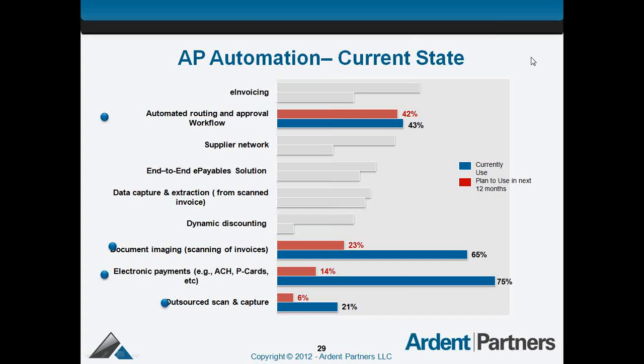What's very interesting is that 75% show current usage of electronic payments, and we're talking here about ACH or P-cards and other forms of electronic payments. And this is interesting because in interviews and in other comments throughout our research, we found that although companies have this capability in place, it's applied to a small percentage of suppliers.